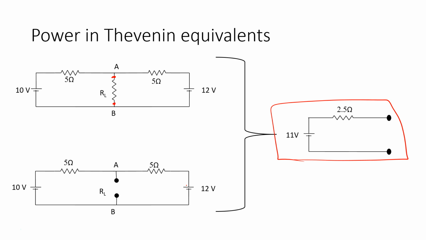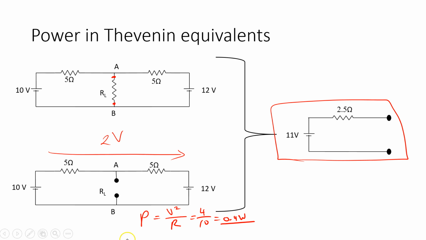So if I look here, 10 volts and 12 volts, it means the voltage across here is 2 volts, and then I have 10 ohm resistance, so I know P is equal to V squared on R, which will be 4 on 10 is 0.4 watts.